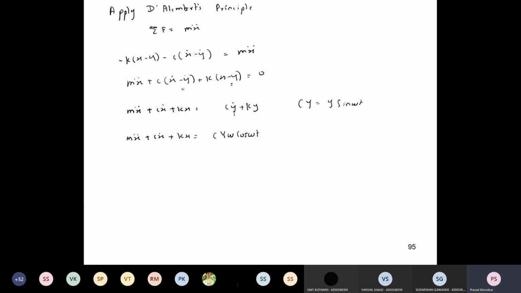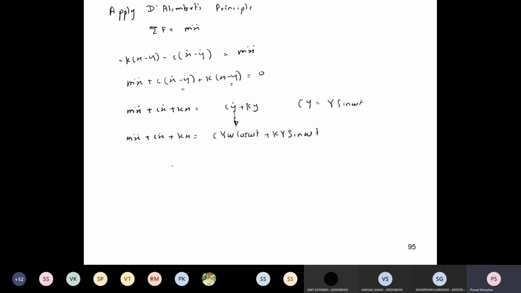So this is nothing but I have taken the derivative, this is y dot, plus k into capital Y sine omega t. Capital Y represents the amplitude.